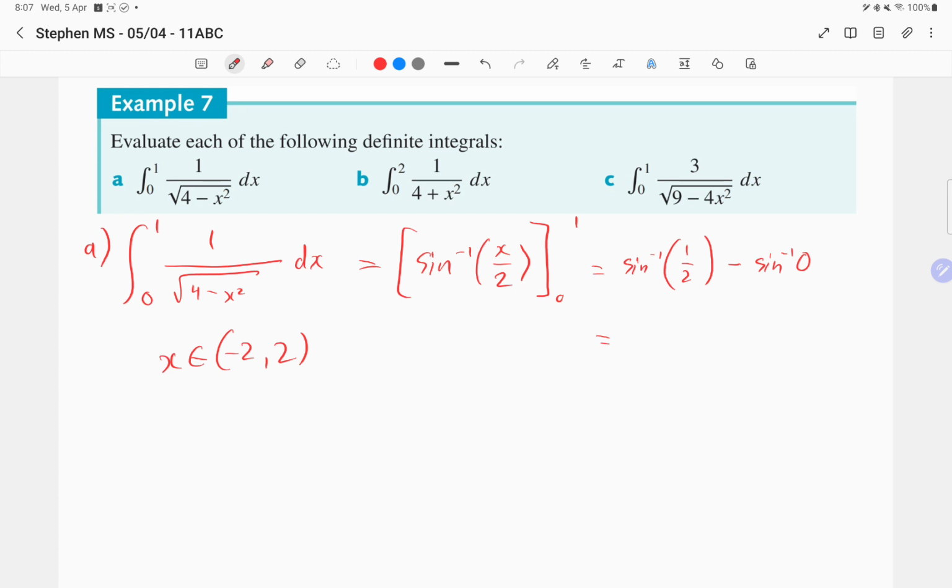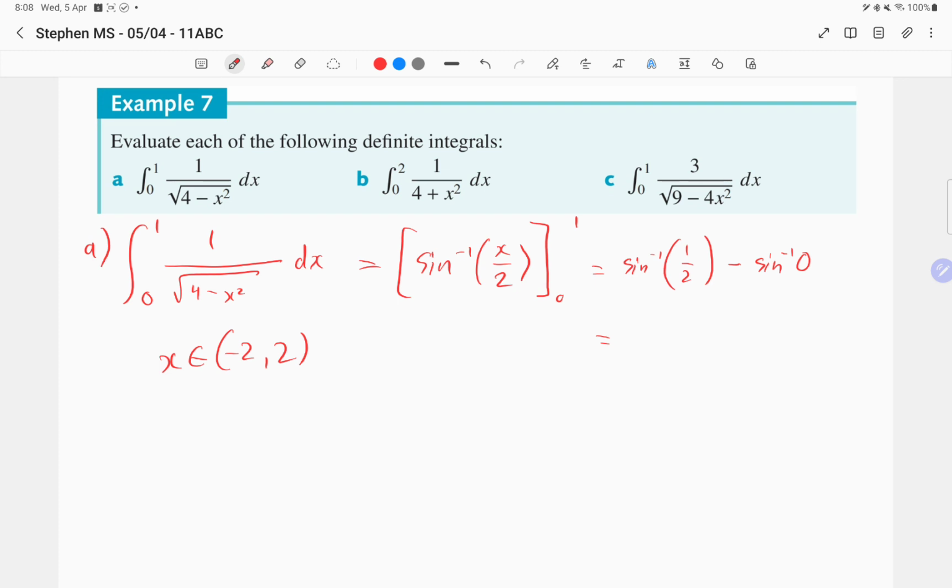What's the meaning of x if you have inverse sine of that? What's the answer of inverse sine of 1 on 2?